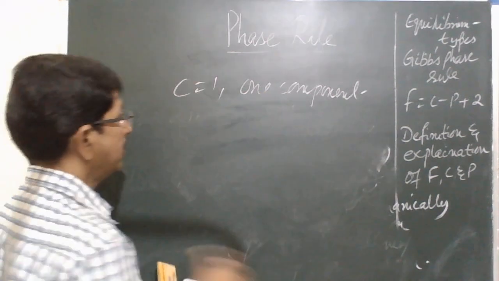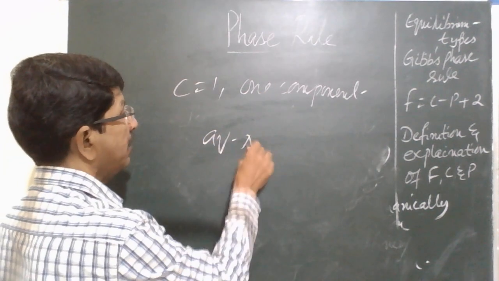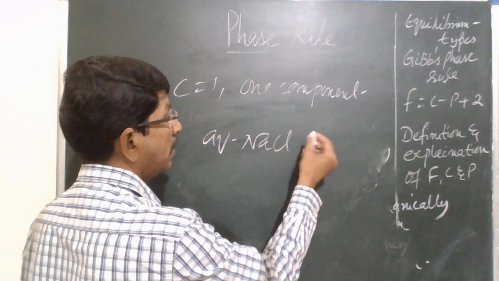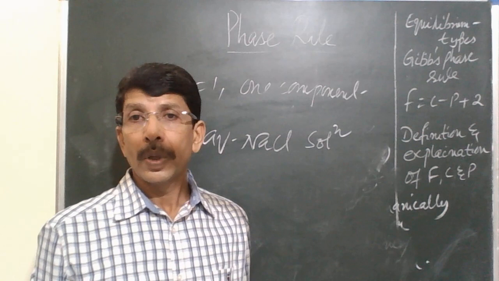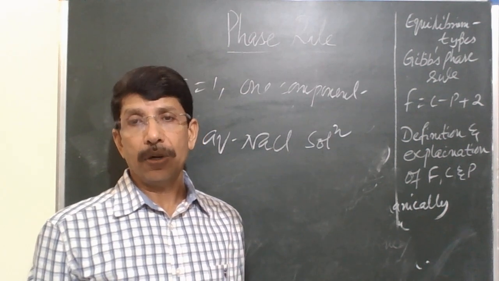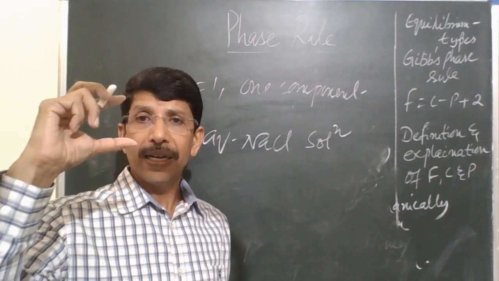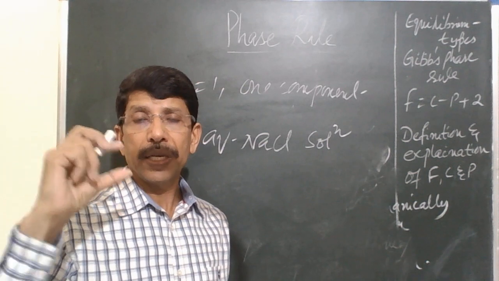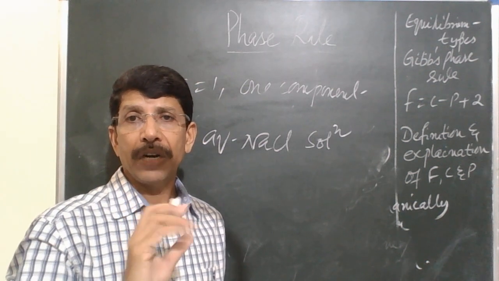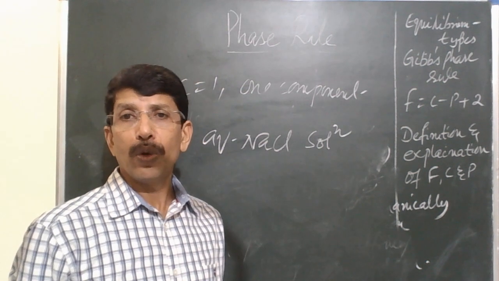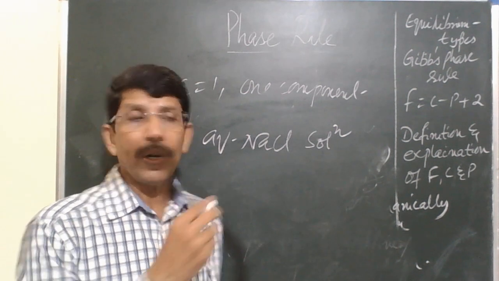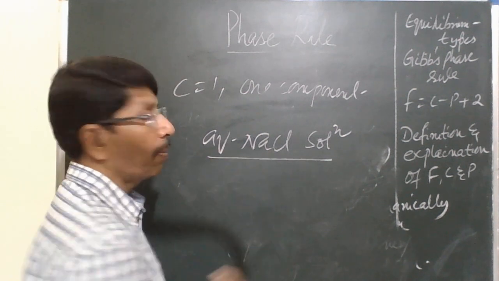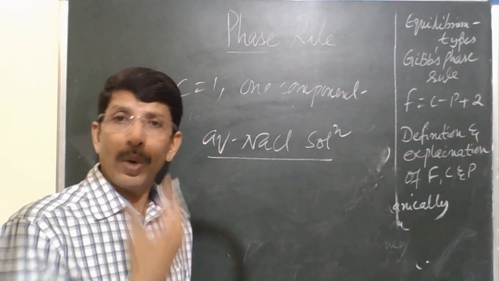Now, if we consider the aqueous sodium chloride system, aqueous sodium chloride solution. Again, it's a single phase system, unless it is a saturated sodium chloride where there are two phases. This is a homogeneous system. So what is the composition of this aqueous sodium chloride solution? What is the concentration?